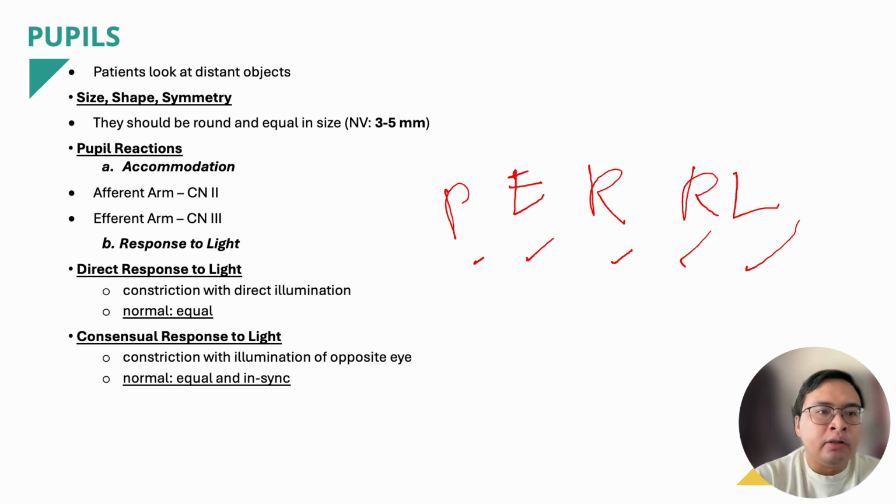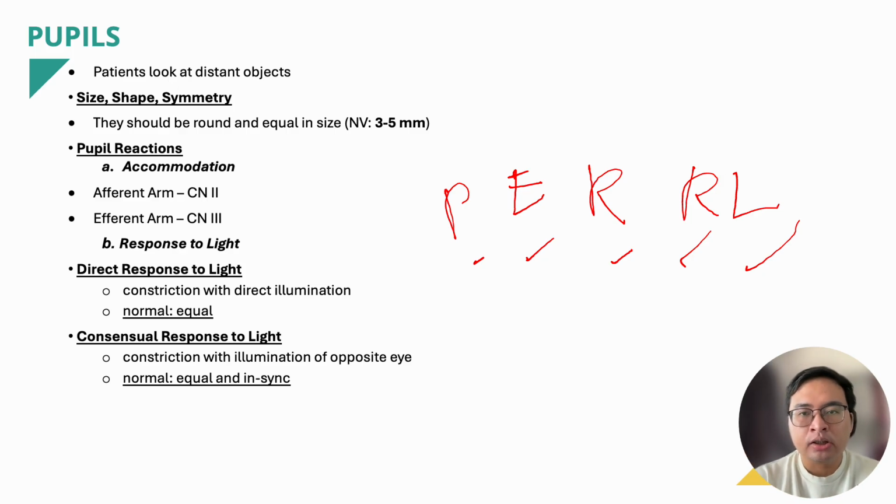The response to light is twofold. There is a direct response to light and a consensual response to light. What does it mean? Direct response means if you shine a light to the right eye, then the right eye constricts. Consensual response means if you shine a light to the right eye, then the left side should also constrict even if you are not shining a light to it. And the normal response, of course, is that it should be equal and synchronous.